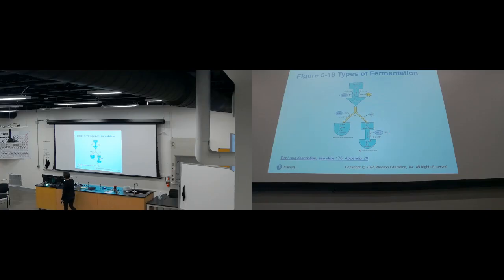NADH will be converted into NAD. And I mean, look how poorly efficient this is. It's just generating 2 ATPs. But what we care about is these byproducts: CO2, lactic acid, and alcohol.